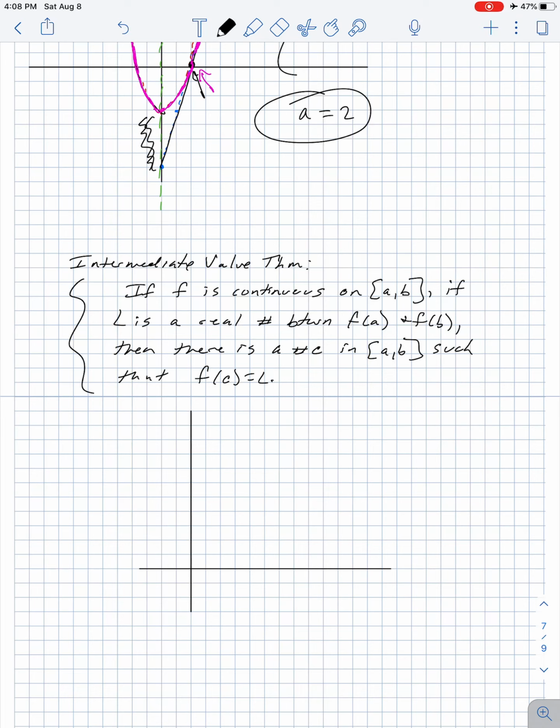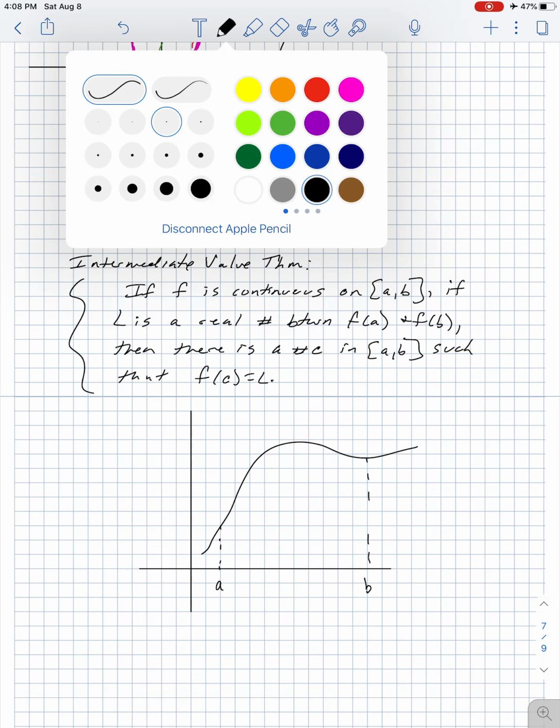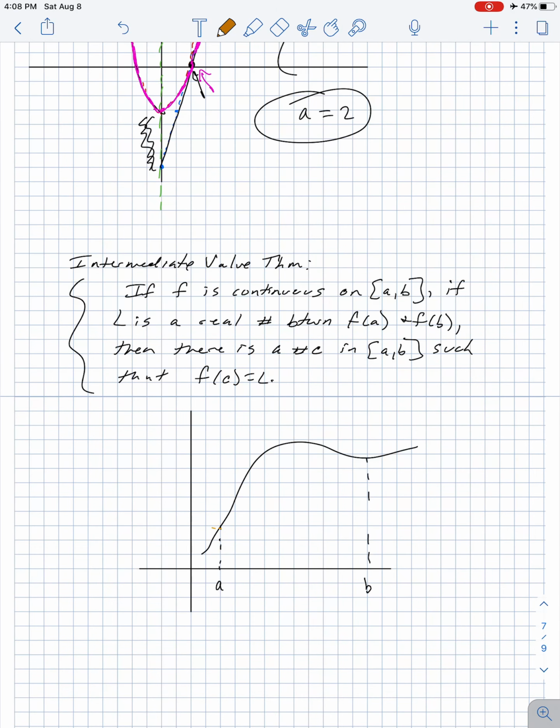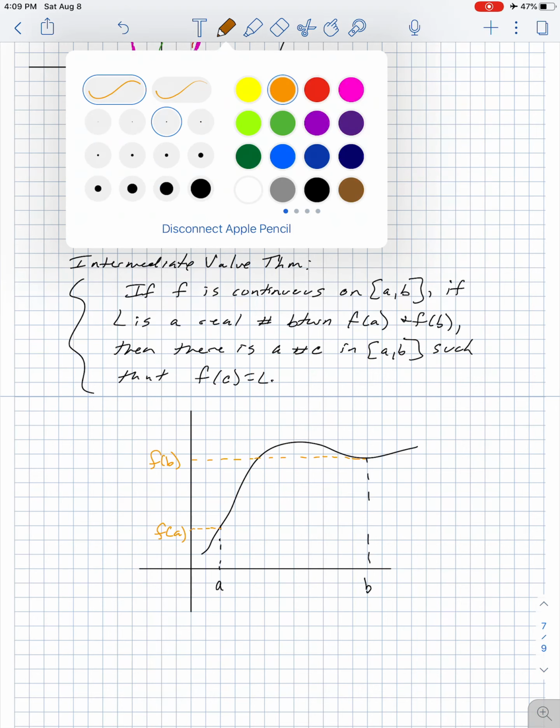Okay, so here's a function. Let's draw like this. Okay, it's continuous, and we're going to look at it from A to B over here. L is a real number between f of A and f of B. So let's look. Here's f of A, and here's f of B. And L is some real number between those.